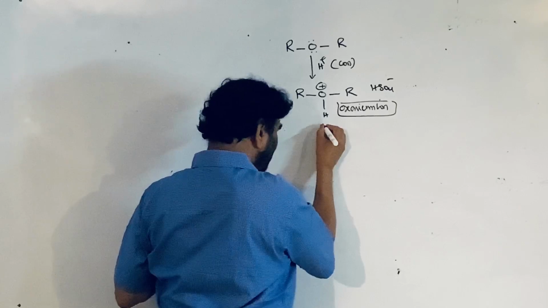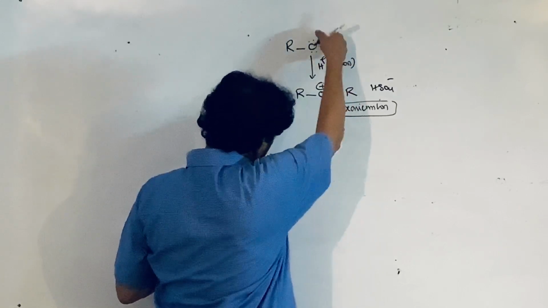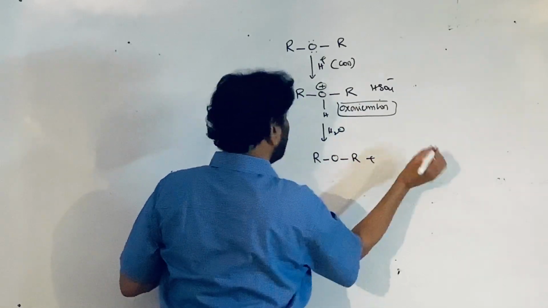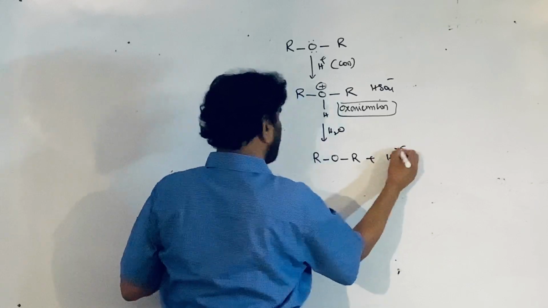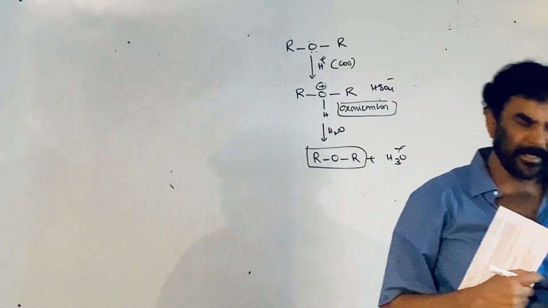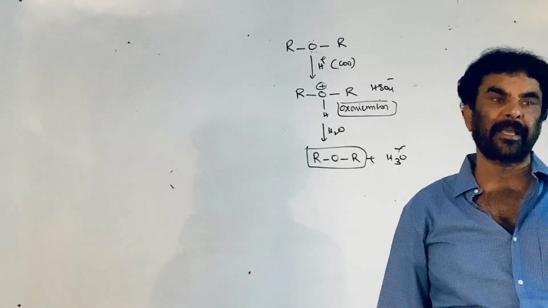If you add water, ether is formed again and H3O is separated. The test for ether is that it is soluble in concentrated H2SO4, and on addition of water it separates again.